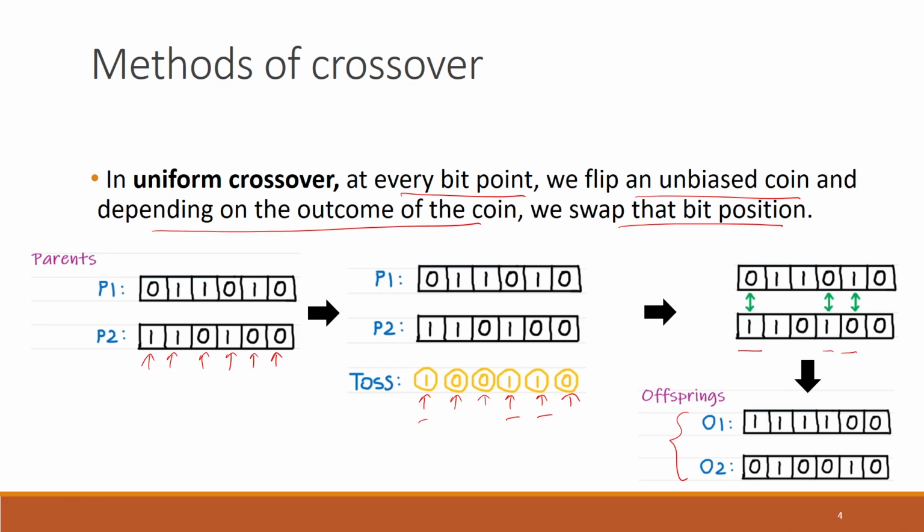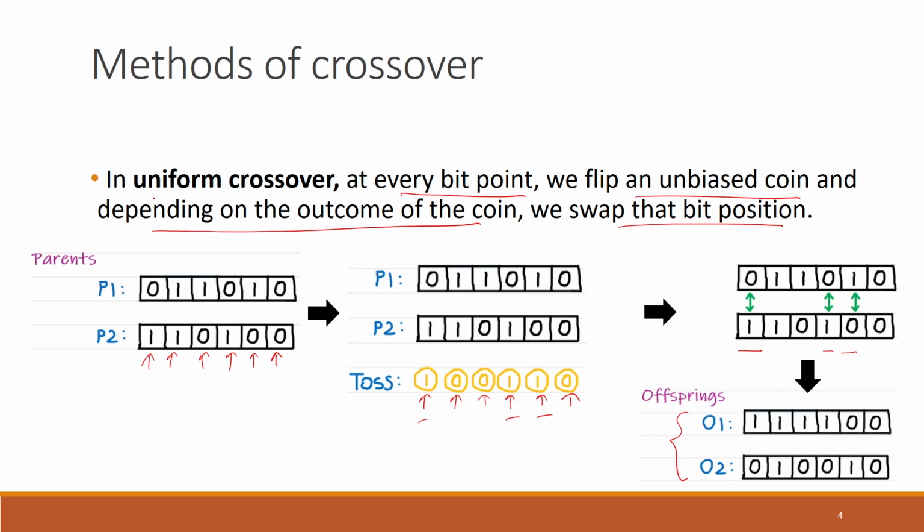Now an automatic question that arises is, given these different crossover methods, which one to use? There is no straightforward answer here. It depends upon what our priority is. For example, if computation time is our top priority, then single point crossover will take the least time, because the crossover has to happen around just 1 point.